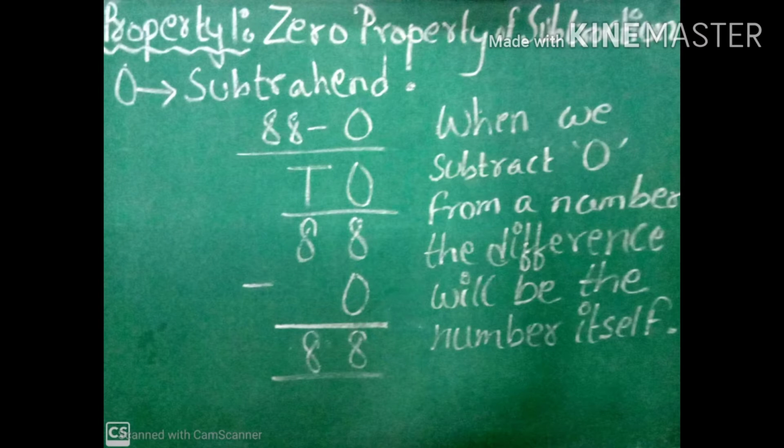Zero means nothing, so the number itself comes down. So 88 minus 0 gives us 88. When we subtract 0 from a number, the difference is the number itself.